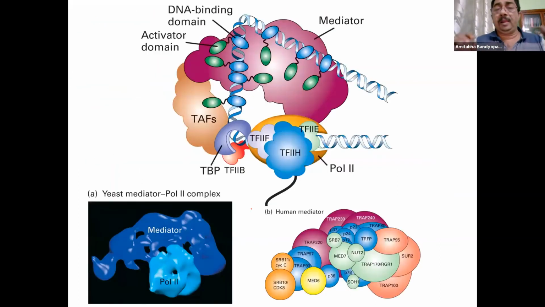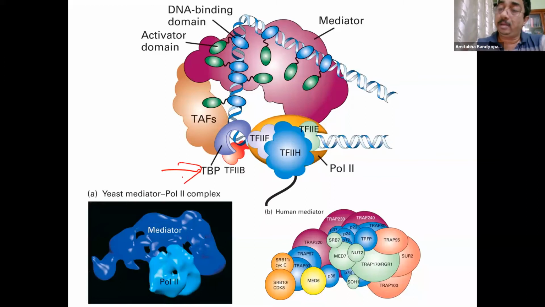Now, if you look at it, just like in the prokaryotes, here also there is a kink in the DNA. This is the promoter. That's where the RNA pol 2 is recruited. And see, TF2D has this saddle-like shape of a particular subunit of TF2D called TBP, TATA binding protein.